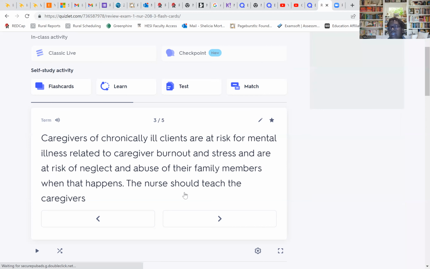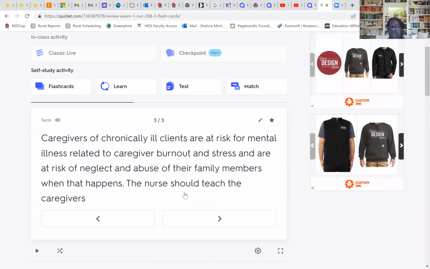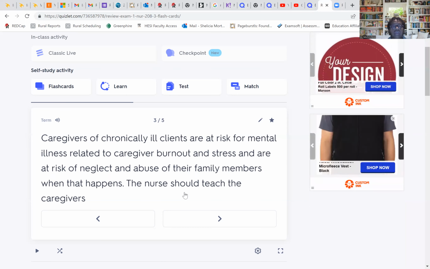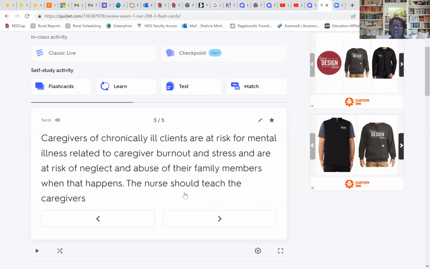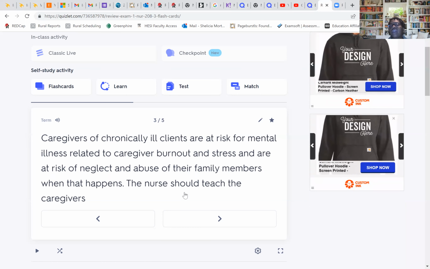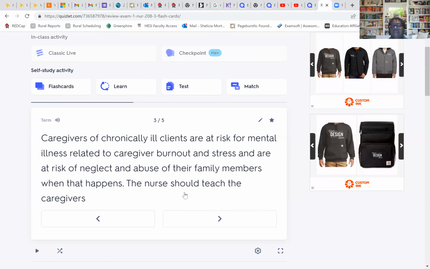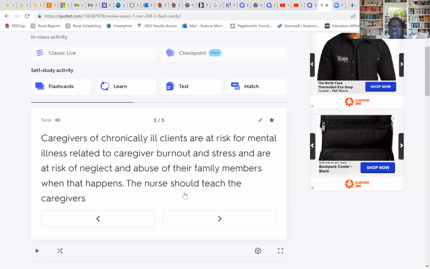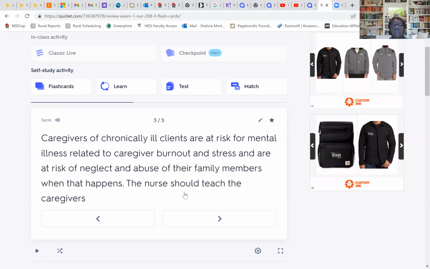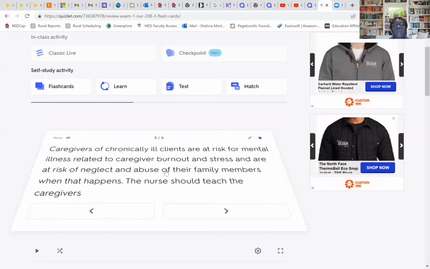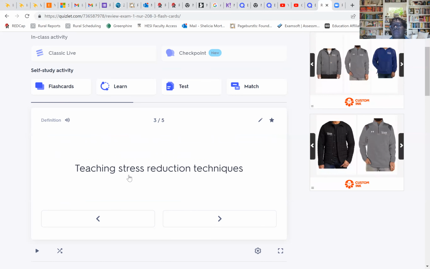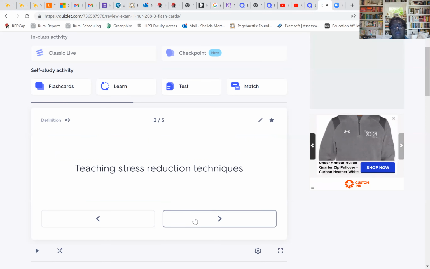They're the one called on to take them to the doctor's office, get medications prescribed, and pick those medications up. Meanwhile, they're also having to maintain their own lives, going to work and taking care of things at home. So you should expect to teach them stress reduction techniques.